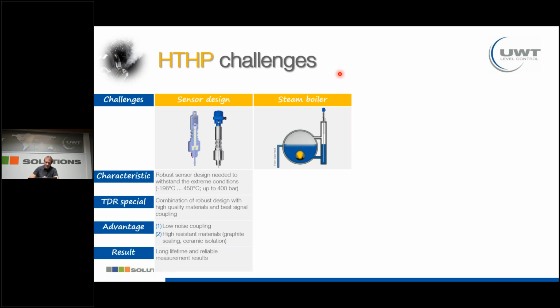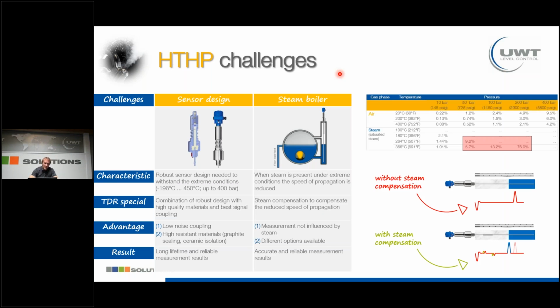And where they are basically installed are steam boilers.